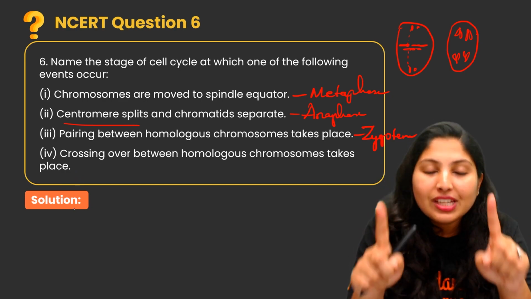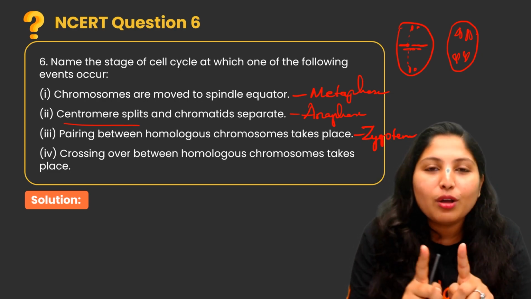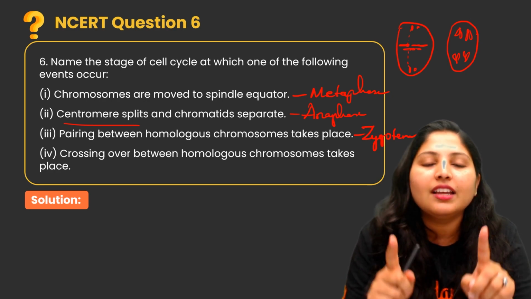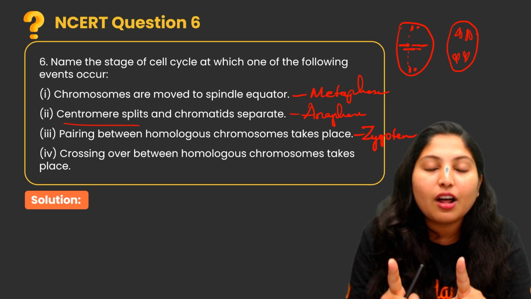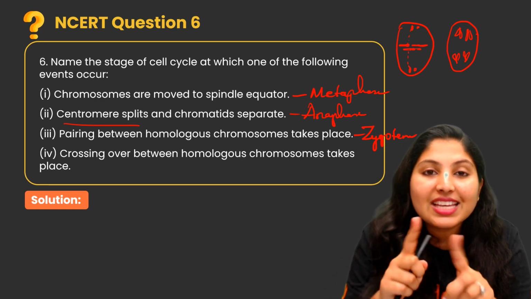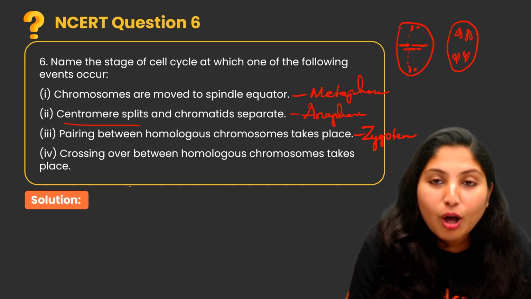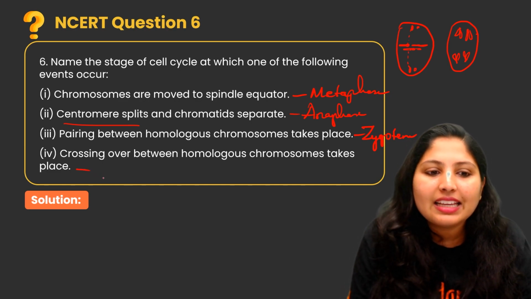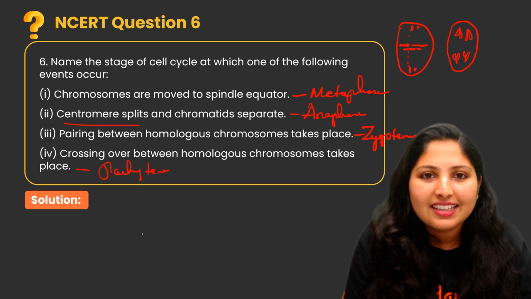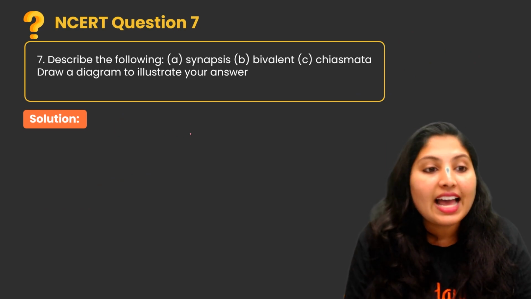Recombination means the genes of the non-sister chromatids of the homologous chromosomes are exchanged. So that is known as crossing over or recombination. That happens in the pachytene stage. Clear?